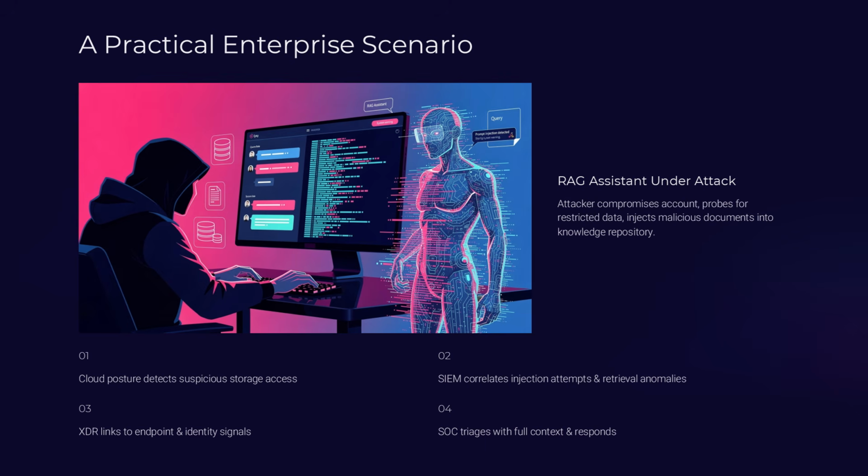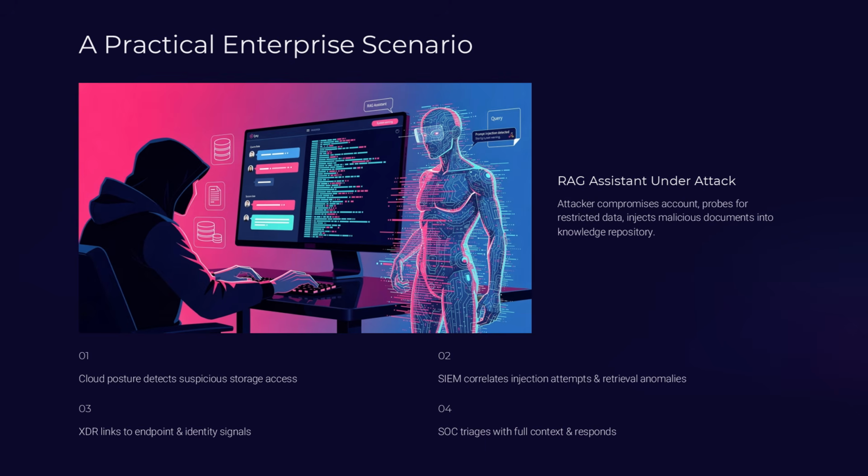Cloud posture monitoring detects suspicious changes or unusual access to storage accounts. Security information and event management correlation detects repeated injection attempts and abnormal retrieval patterns. Extended detection and response correlation links the suspicious activity to endpoint behavior and identity anomalies.